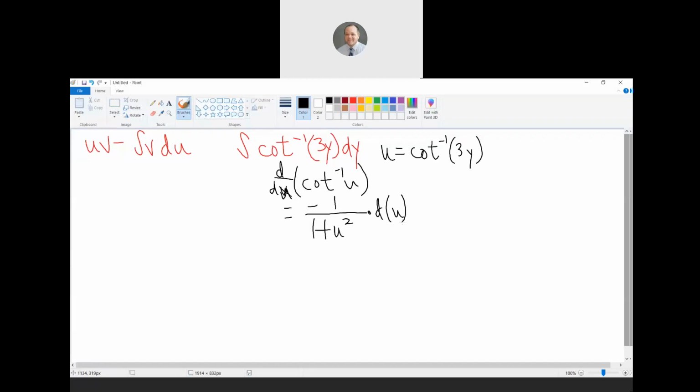So using our derivative formula for inverse cotangent, we have -1 over 1 plus u, in this case 3y, and we're squaring the entire 3y, times the derivative of 3y.